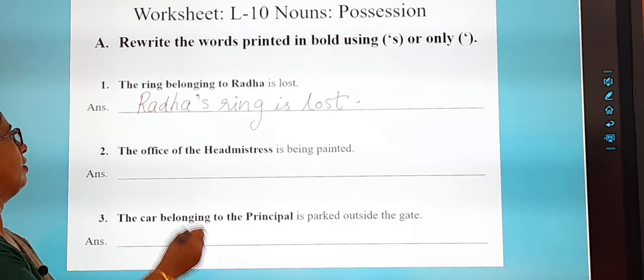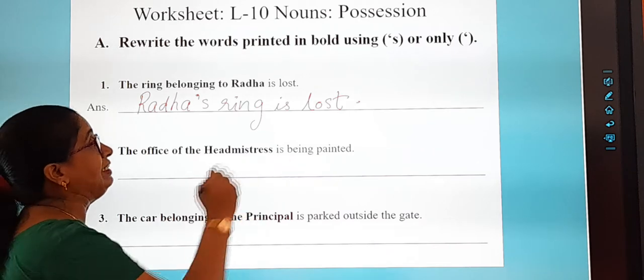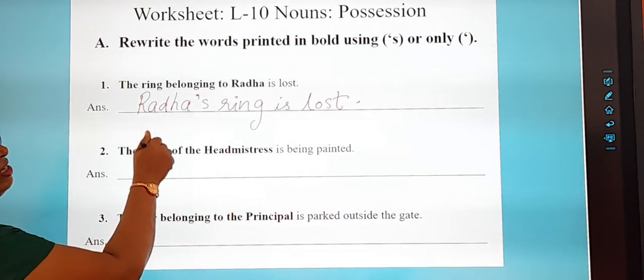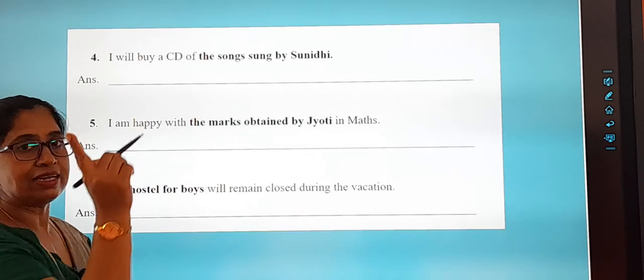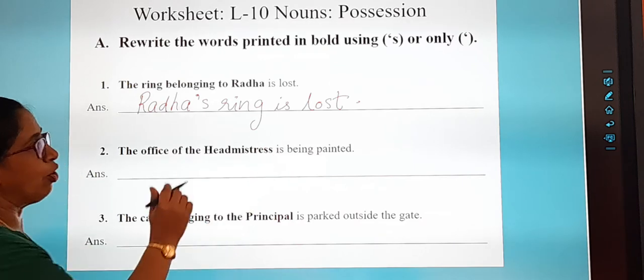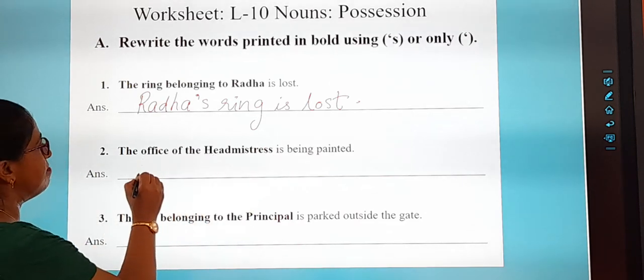Okay. Next one. The office of the headmistress is being painted. Whose office? Headmistress's office. But here the last letter is already S, so you will only put an apostrophe.